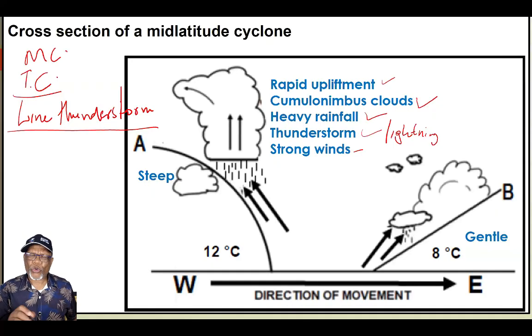Now, what are the impacts of these clouds? The impacts will be the same, whether it is cumulonimbus clouds with a mid-latitude cyclone, with a tropical cyclone, or with a line thunderstorm. So long as you have cumulonimbus clouds, the environmental impact will be the same.